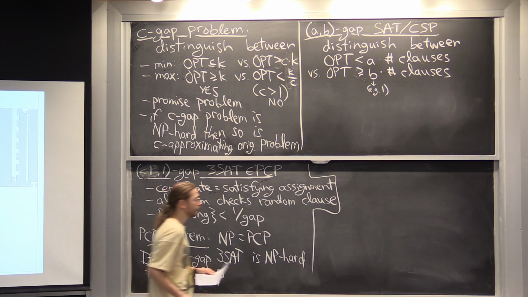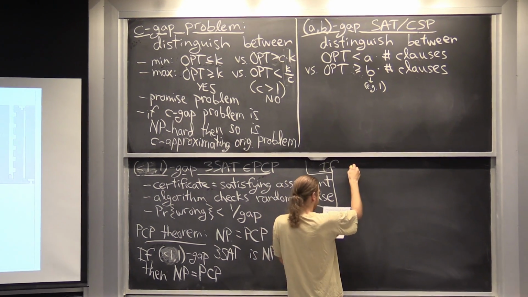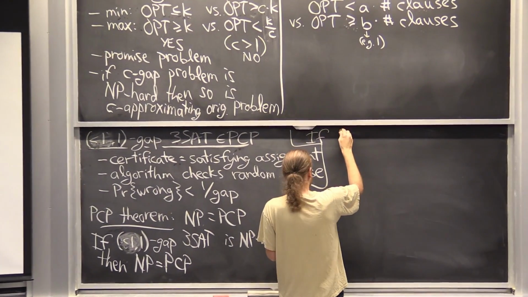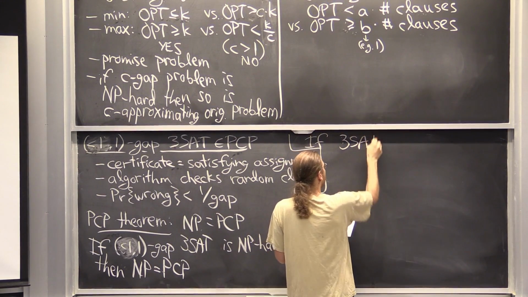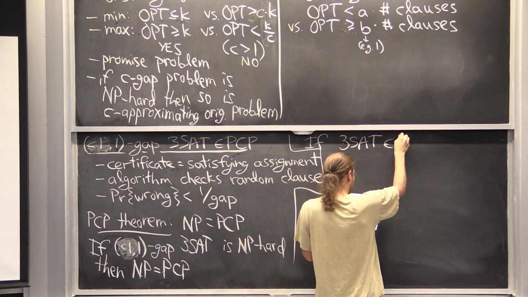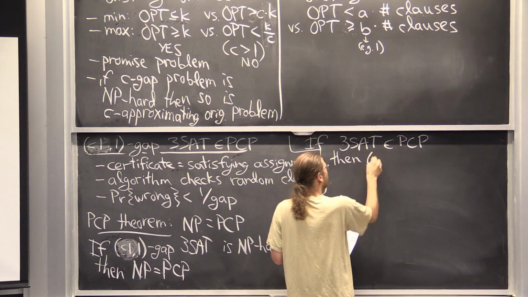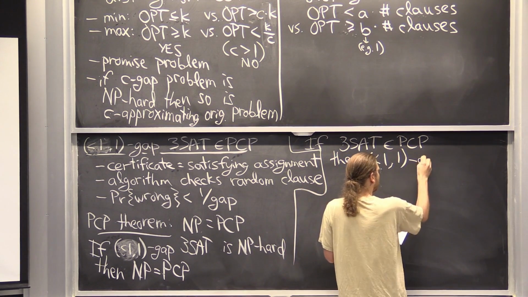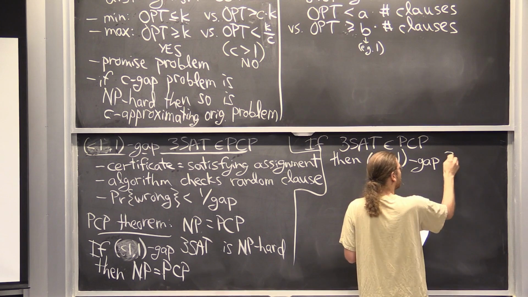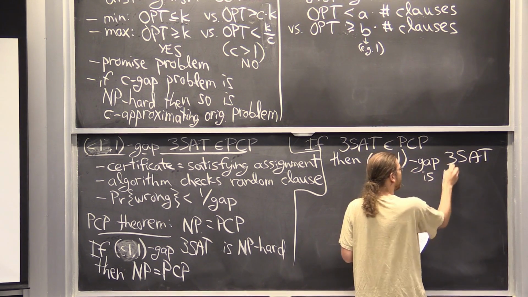In fact, the reverse is also true, and this is sort of more directly useful to us: if 3SAT is in PCP, then the gap version of 3SAT is NP-hard.